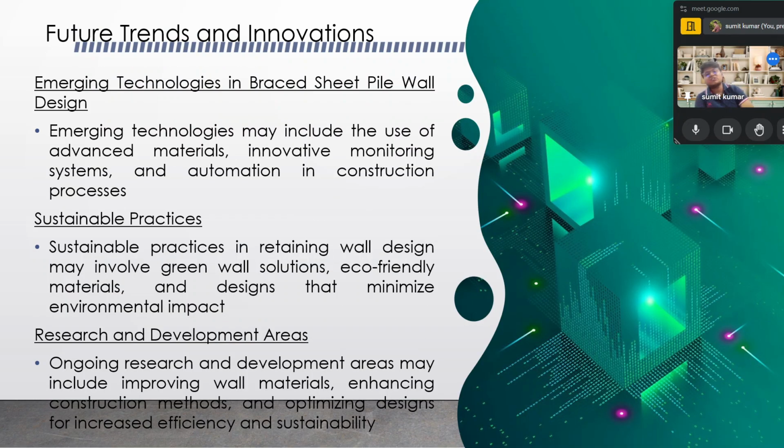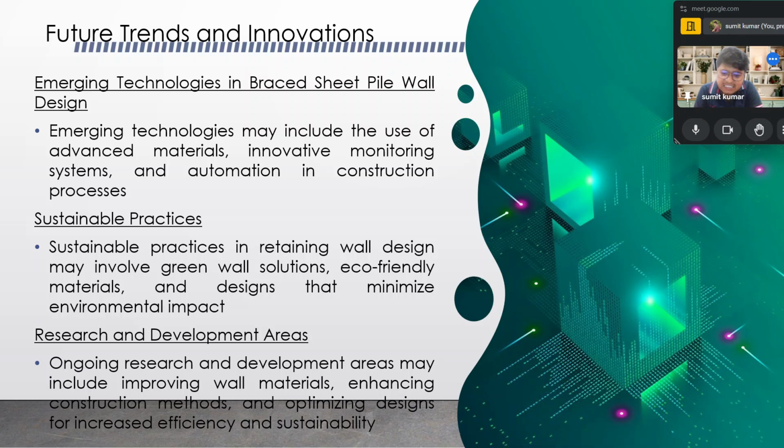When we talk about the future trends and innovations, we find that emerging technology may include the use of advanced materials, innovative monitoring systems, and automation in the construction process. Sustainable practices in retaining wall design may involve green wall solutions, eco-friendly materials, and designs that minimize the environmental impact.